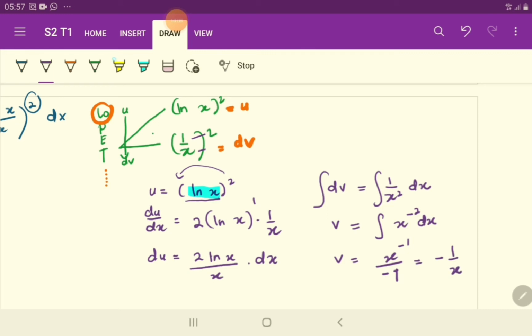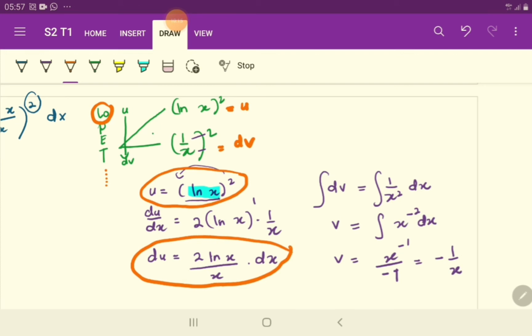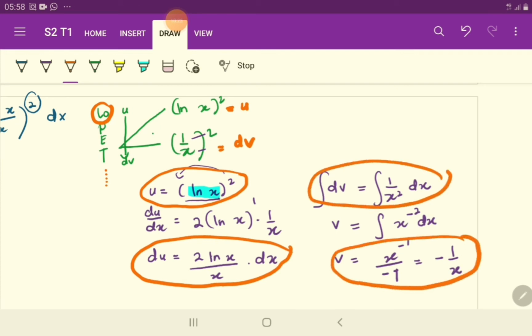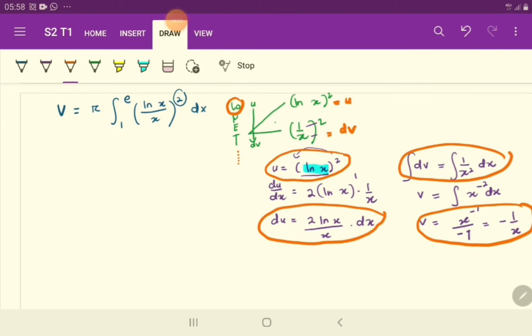Now we already have u, du, v, and dv. Let us use the integration by parts formula: integral of u dv equals uv minus integral of v du. Again, let me rewrite.